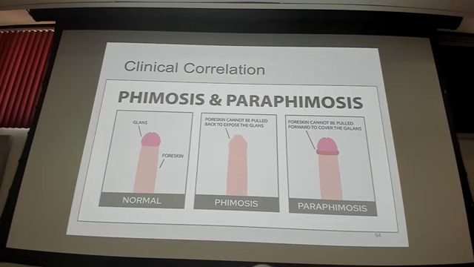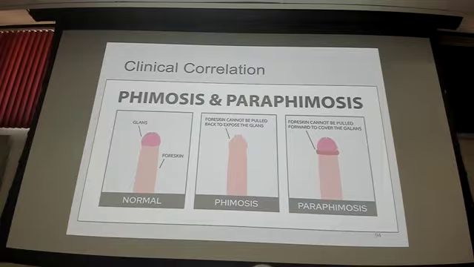Paraphimosis, on the other hand, is an emergency because it is foreskin that has been withdrawn over the glans penis and now cannot be reduced back into its normal position. And what does that sound like? A tourniquet, right? Because it's usually due to some sort of inflammation, okay? That's one of the things that can happen if you have chronic yeast infections, chronic infections under the foreskin.